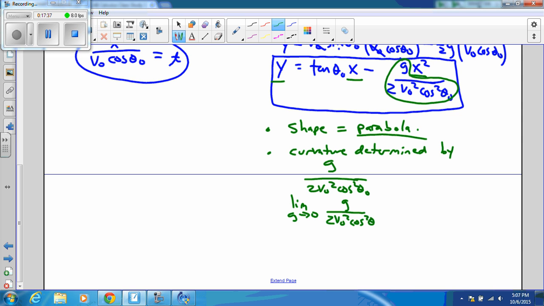So, for example, if I were on a planet that had no gravity, in other words, I take the limit as g goes to 0, then all of a sudden this entire quadratic term disappears, and lo and behold, I get y equals tan theta x, which would give me a straight line motion. In other words, if I launched a projectile in a situation that had no gravity, that projectile would simply go in a straight line with a slope of tan theta forever.